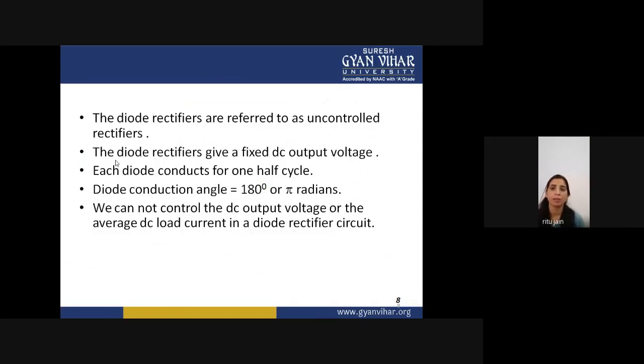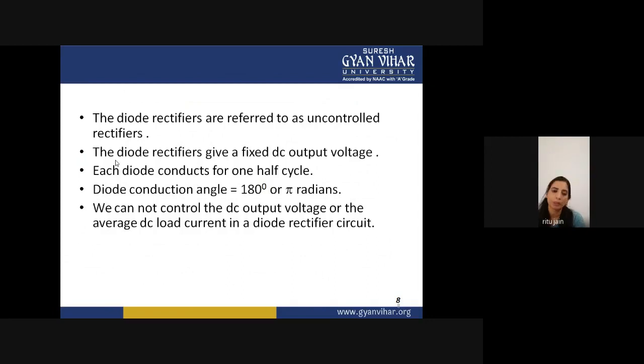The diode rectifiers are referred to as uncontrolled rectifiers, and they give a fixed DC output voltage. Each diode conducts for one half cycle, and the diode conduction angle is 180 degrees, or pi.